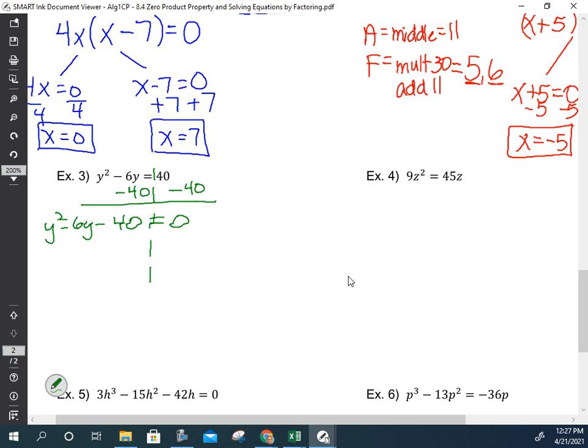Now we're going to factor. So, 3 terms means what? Before we do MAF, we factor. What's the biggest number? The biggest number is 1. Does it have the same variable?